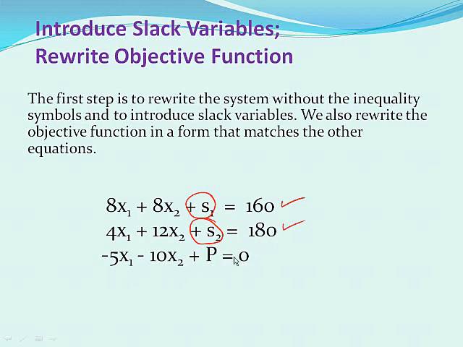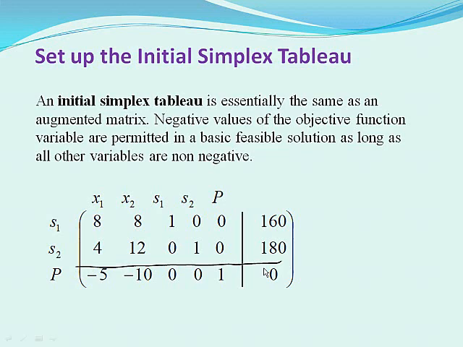Remember, our objective function was maximize p equal to 5x1 plus 10x2. We always write the equation so that the coefficient of p, the objective function, is 1. So we need to move this 5x1 over to the left side, 10x2 over to the left side, getting this last equation in the system.